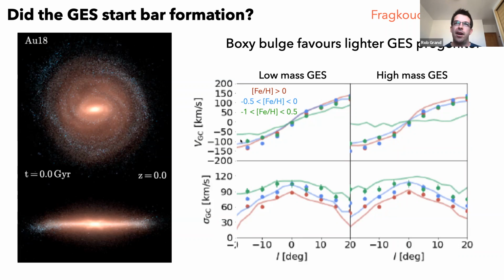You can compare these distributions for different metallicity populations with data, and the data are the points here from the ARGOS survey. Only the relatively low mass GSE progenitor can match all of these features relatively well. If it's too massive, it just heats up the older, metal-poorer population too much, and it has no rotation, and it doesn't really match the observations very well. So I think this is a potentially interesting insight.